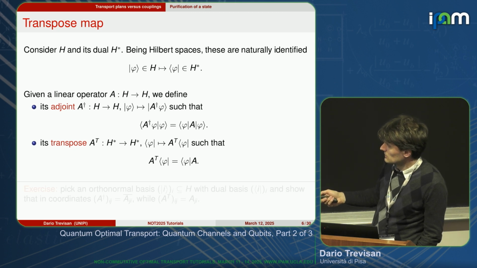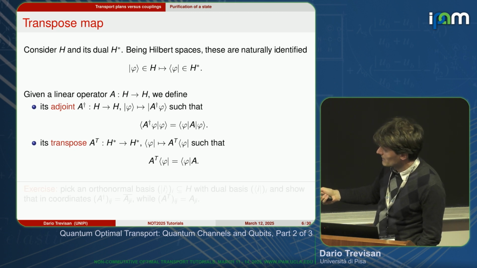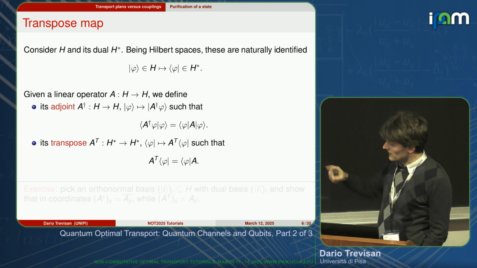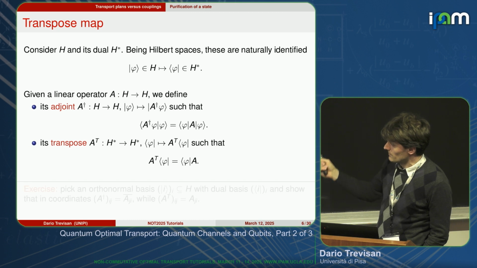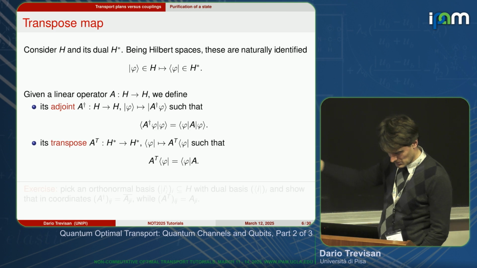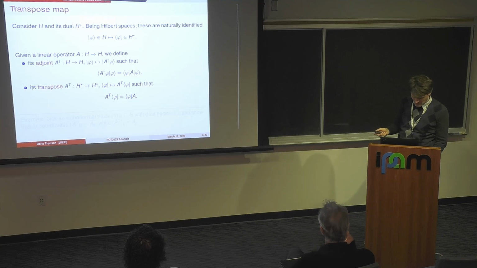Sorry, you should take any general psi here, not only phi. You should require it for any pair phi and psi. Then you can apply the adjoint to the other vector. I hope you know the adjoint. This is a misprint: you should take two general vectors, phi and psi.